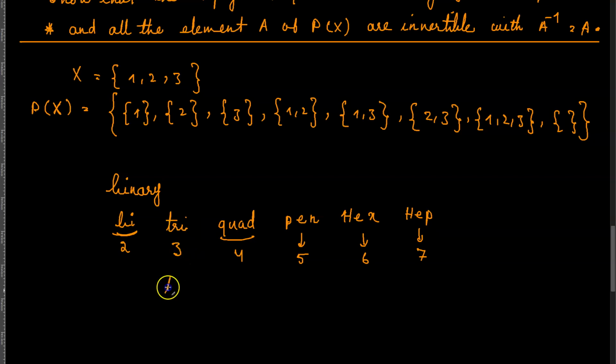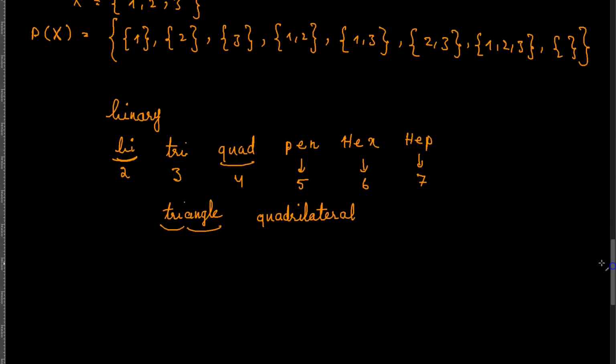When we say a triangle, we have a triangle, meaning 3 angles. We have a word like quadrilateral, which means a flat geometric shape that has 4 sides. Or we have a pentagon, which is a polygon that has 5 sides.